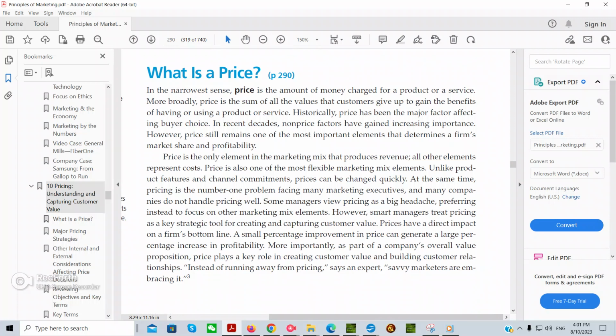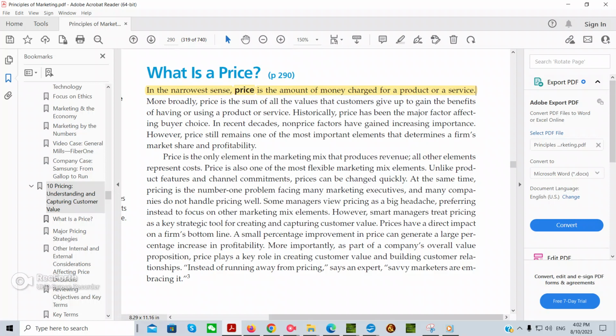What is a price? In the narrowest sense, price is the amount of money charged for a product or service. Okay? Most people are familiar with what a price is because they've bought things before. But if we want to speak about this more precisely and more in depth, we can definitely do that.